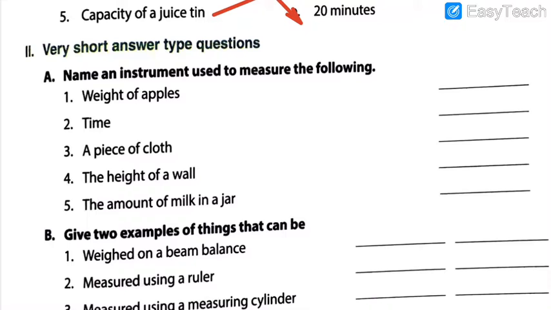So your time starts now. 5, 4, 3, 2, 1 and 0. Okay. So weight of apples can be measured using a beam balance.